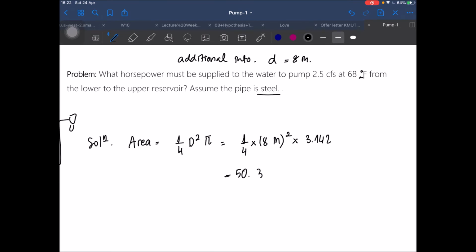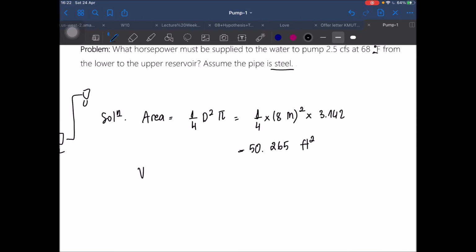And then we have the final answer, which is 50.3. Let me check if it's right. 1 over 4 multiplied by 8 square multiplied by pi. Yep, it's 50.265 square inches. So now we can find v, which is the velocity of the flow.